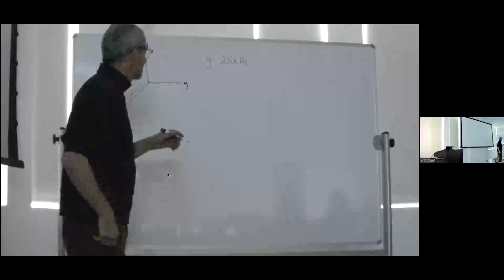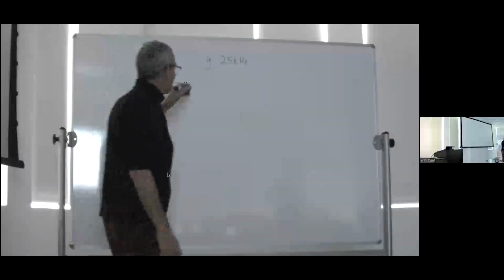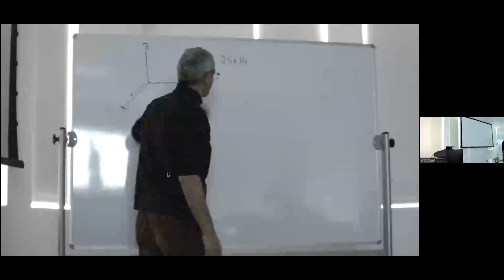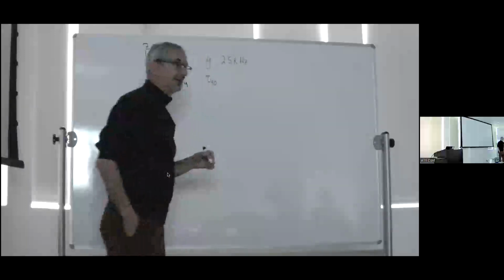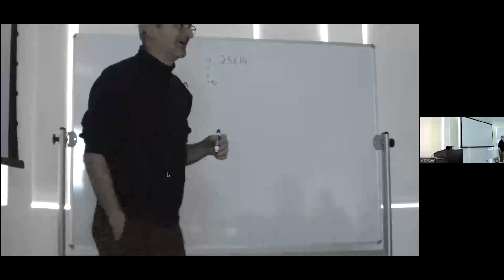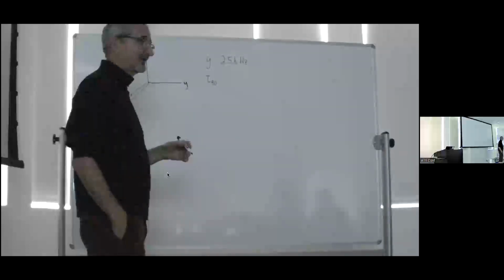And then the question is, how long is the pulse? And that's the main point of this problem, because that's also a calculation you do your entire life as an NMR spectroscopist.